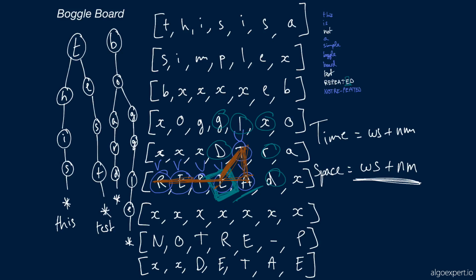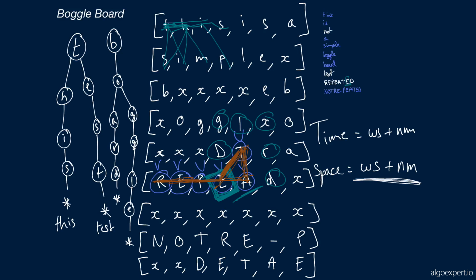We go through THIS, then THIM. I messed up, right? So we have TH, we have TI, we have TS, then we have THI, THM, THS, right? Then we have THIS, THIP, right? We've got a ton of neighbors, right? For every neighbor, we've got more and more neighbors.